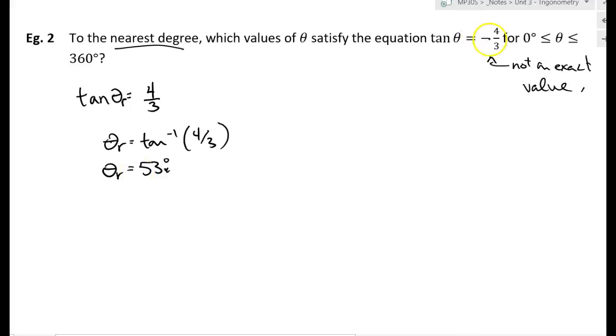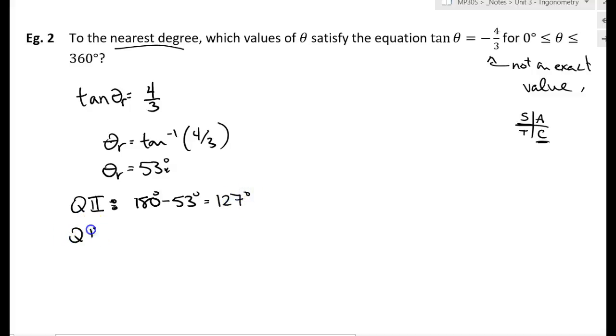We then need to check. This is negative, which means according to our pattern of signs, tangent is negative in quadrants 2 and 4. So in quadrant 2, we're going to get 180 minus 53, which gives us 127.